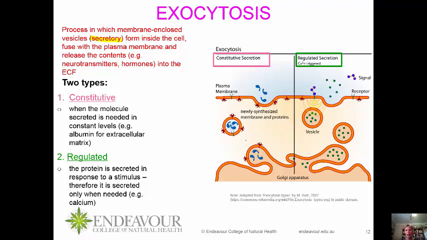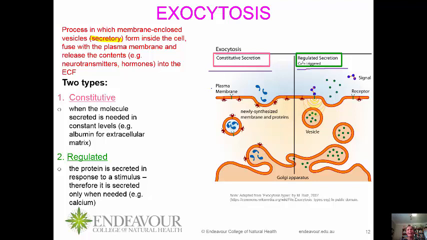Now, there are 2 types. So you can see the first one is constitutive, and then your second one is regulated.